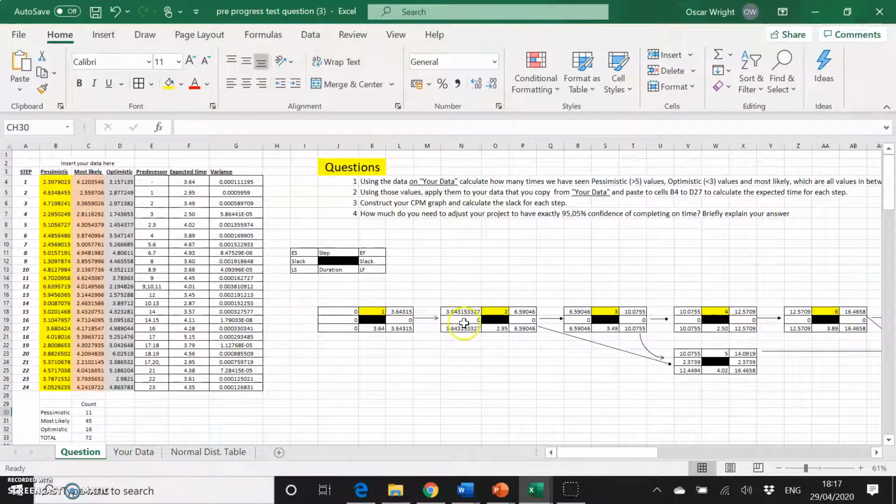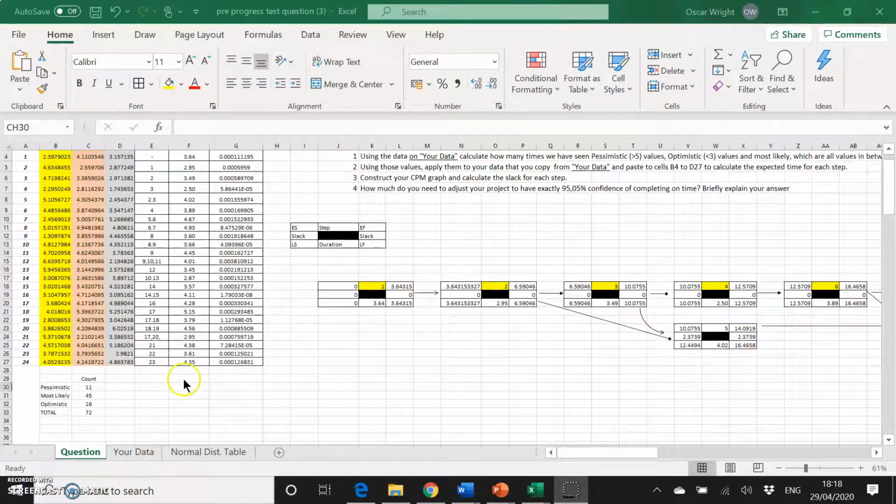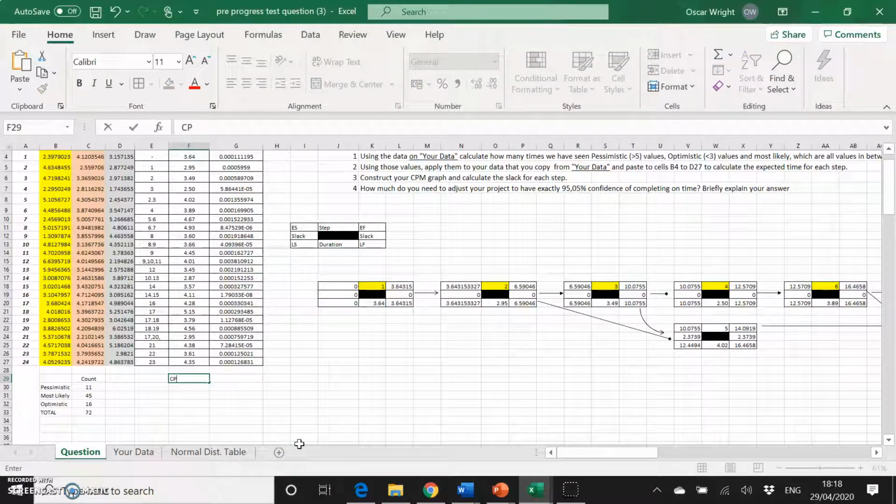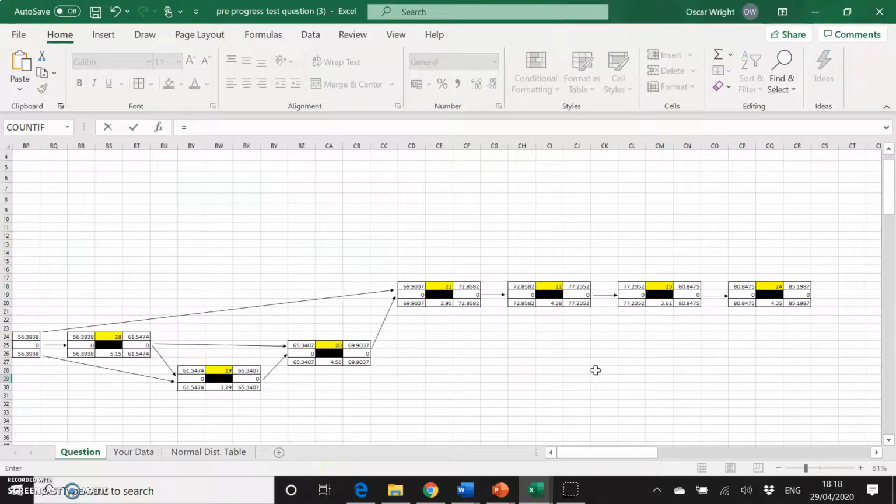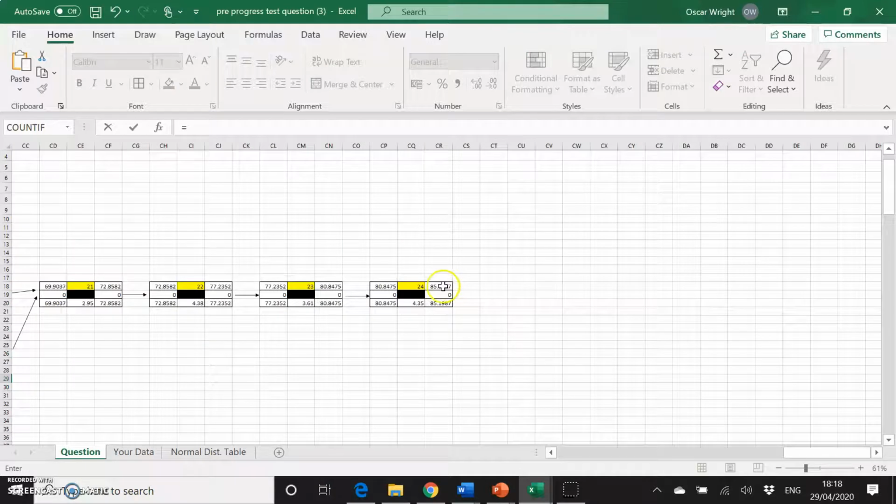Okay, so now that we've decided our CPM, we need to figure out how long it takes. So the first thing we're going to do is make a couple of little columns. First of all, we're going to put the critical path, and that is this number here.